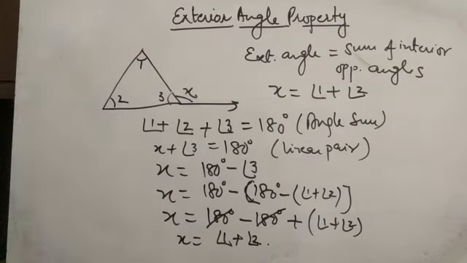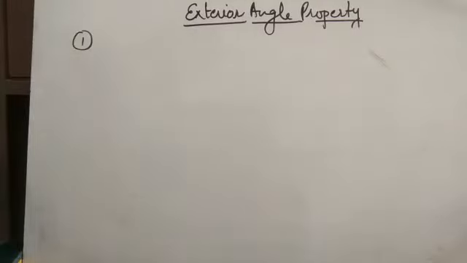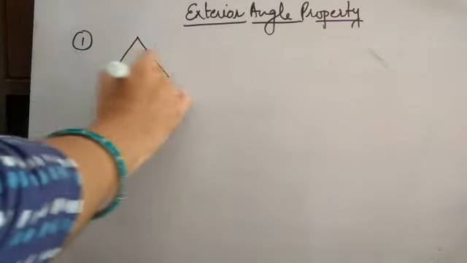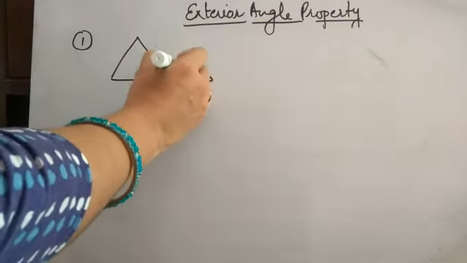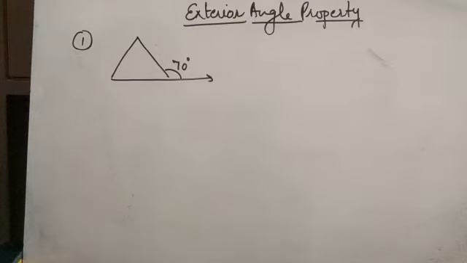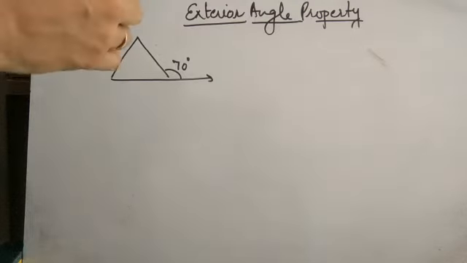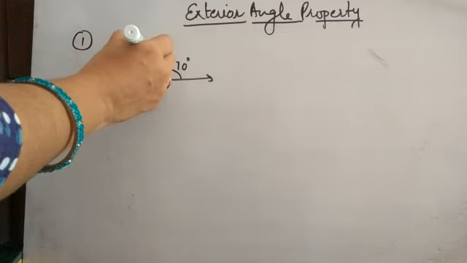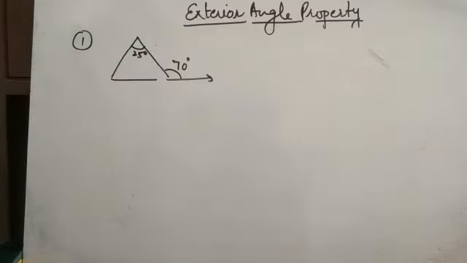Now we will be doing one or two examples based on the concept. The first example: an exterior angle of a triangle is of measure 70 degrees. We need to draw the figure in this question. The exterior angle of a triangle is 70 degrees and one of its interior opposite angles is 25 degrees.